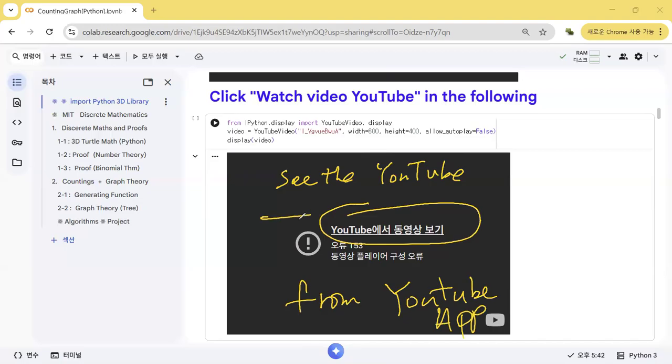So just click this one, and then the YouTube video will come out. That means Google doesn't want you to see the YouTube inside of this learning material, but go to youtube.com to see this video.